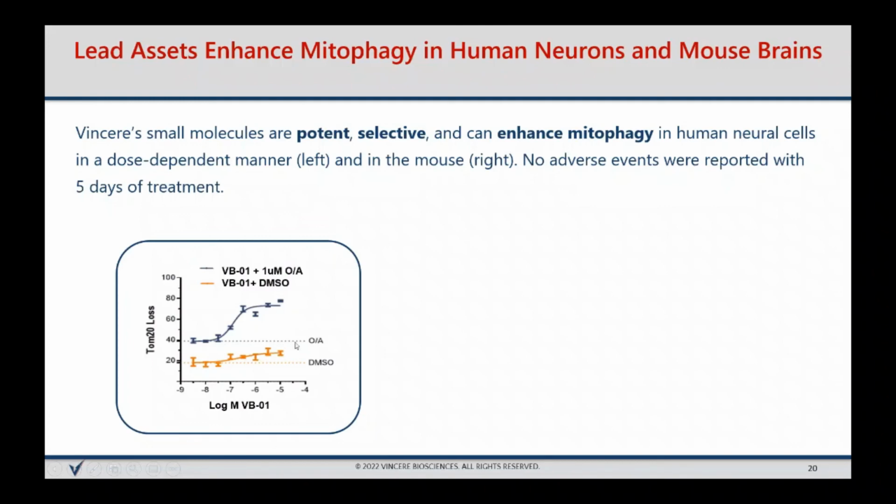So once you add a stressor like oligomycin or antimycin that depolarize mitochondrial membranes, our compounds increase mitophagy very robustly in that case, with only a subtle increase of mitophagy in the normal baseline system without a stressor. That's really important for the safety profile of these compounds.